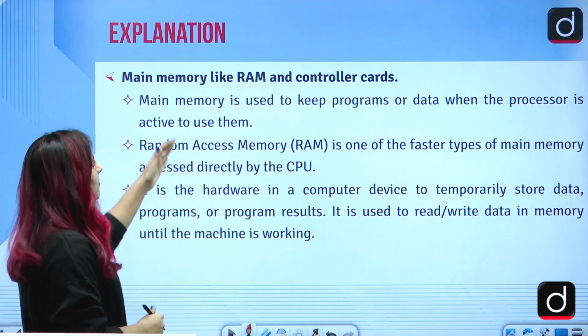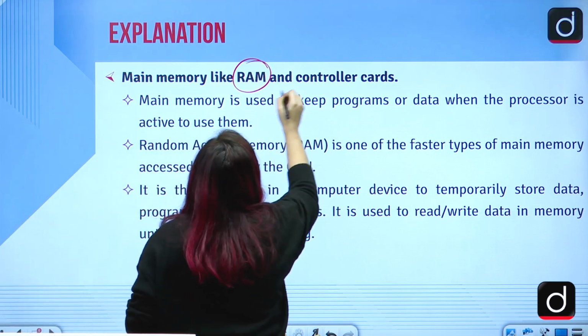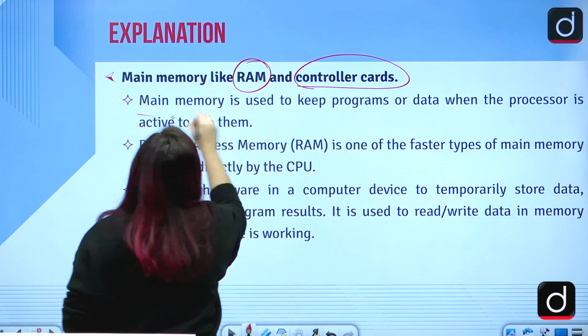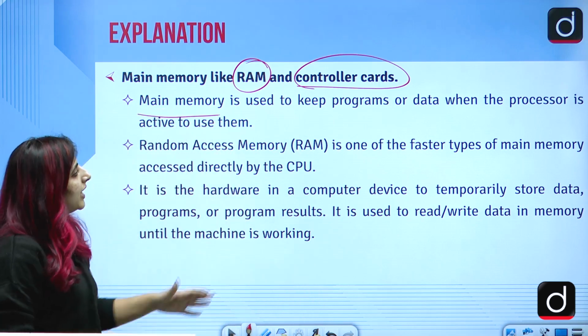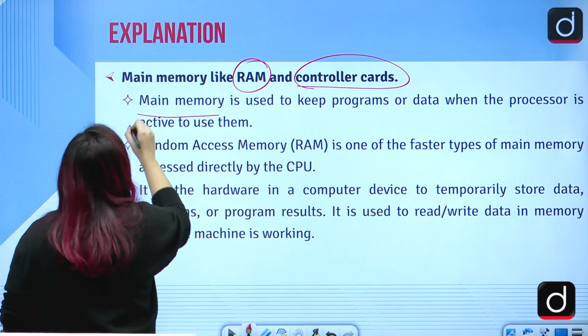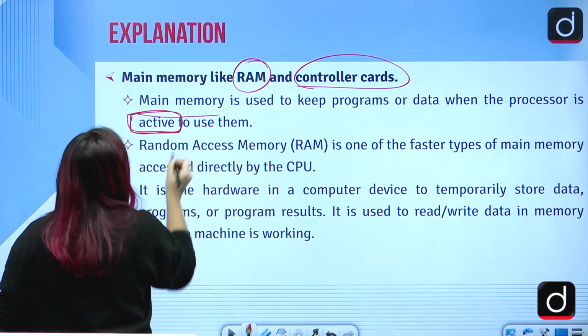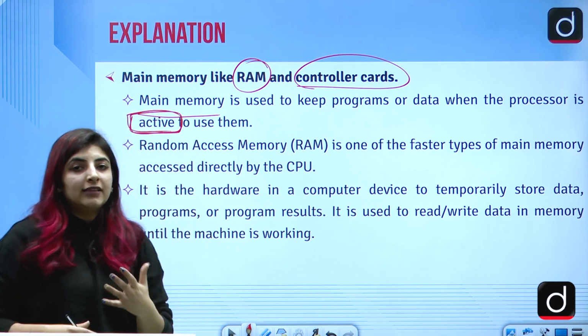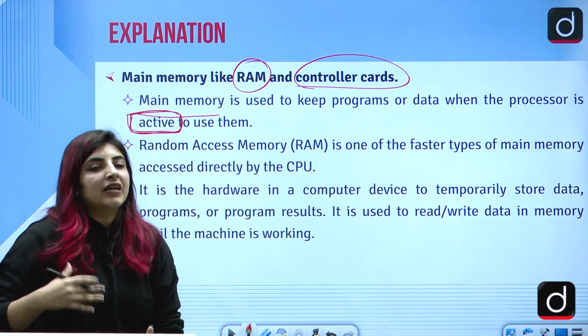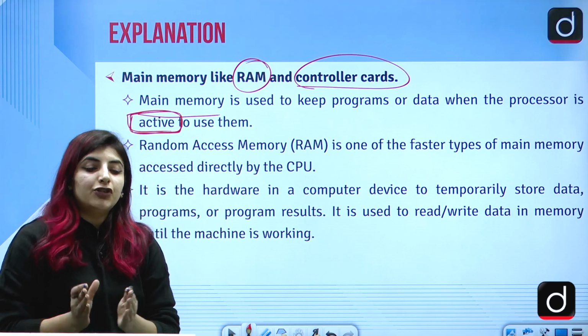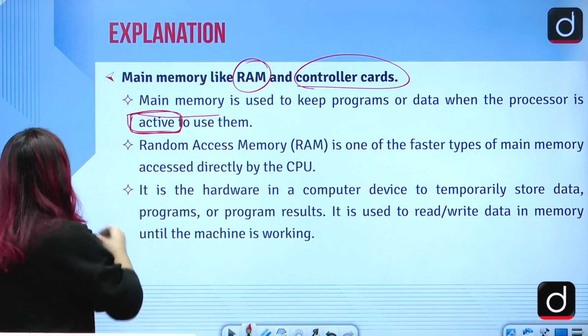Then we have main memory like RAM and controller card. Main memory is used to keep programs or data when the process is active. The processor should be active to use these things. If we are talking about RAM, let me just tell you that RAM depends on the computer processors.